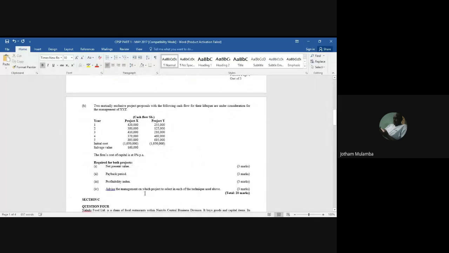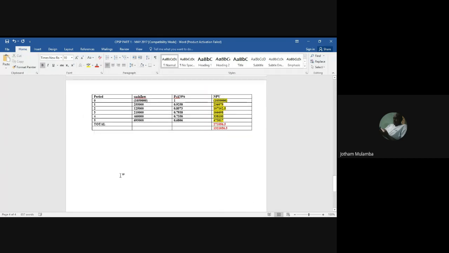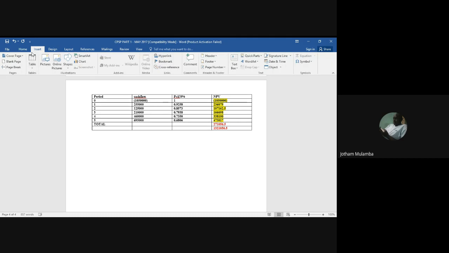So let's look at payback period. For the payback period, we use more or less the same tables.